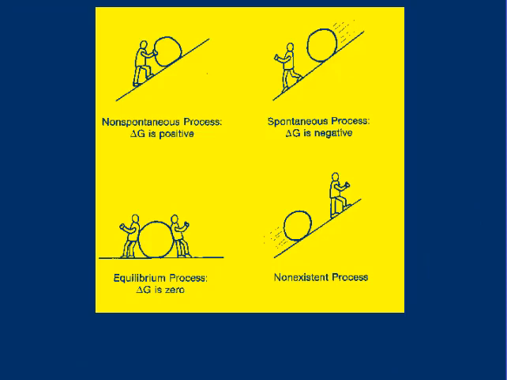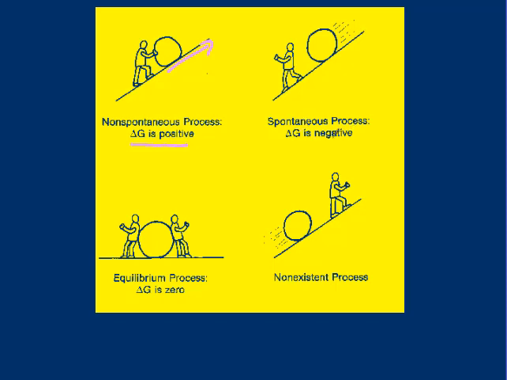In the upper left corner, this reaction is a non-spontaneous process, or not thermodynamically favorable. Delta G is positive. It takes energy to get that boulder up the hill. So it's not that the reaction can't occur, energy just has to be put into the reaction for it to occur.